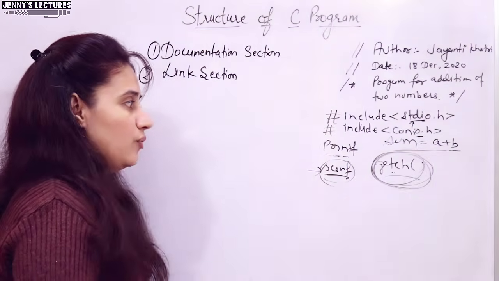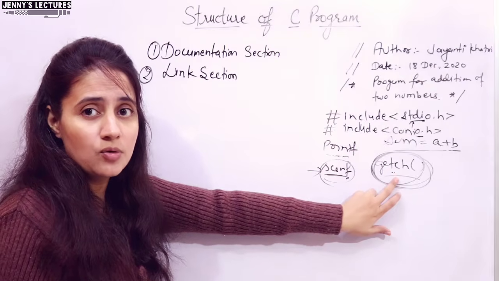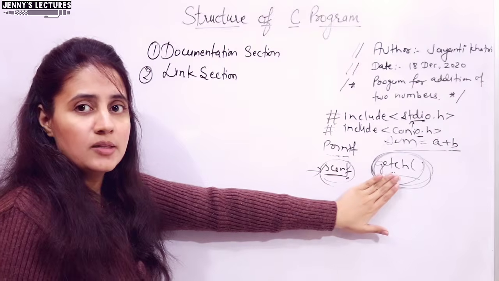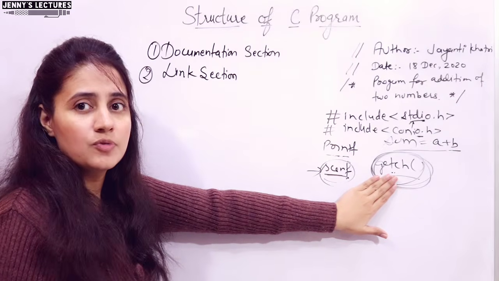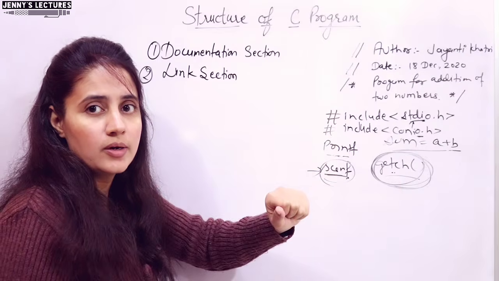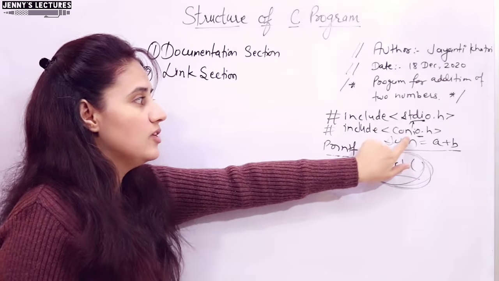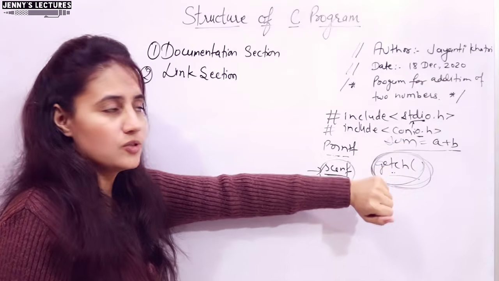When you write this in your code, the compiler will not be able to understand it if you do not include this file. To tell the compiler the meaning of getch, you include this file, because you want to hold the output screen. The code of this function is already written in this library. That is why you are including conio.h.